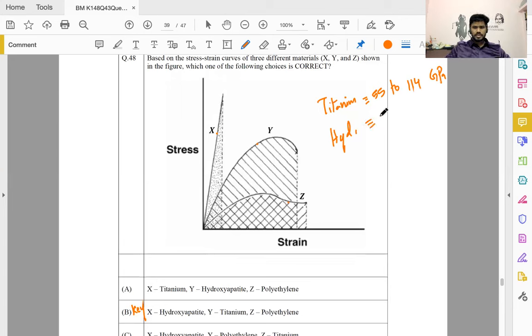Hydroxyapatite corresponds to approximately 6 gigapascals. You can take that from a nice reference. So this is 6 and somewhere over here is 114.